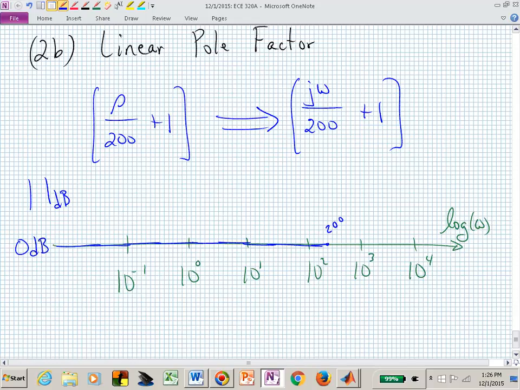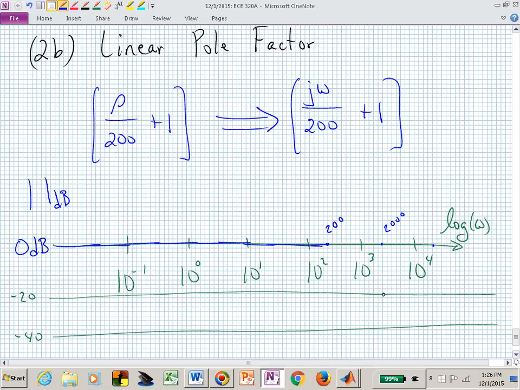Minus 20 dB per decade. So now it's important that we do go to 2,000. We go to 2,000. And where are we going to be when we get to 2,000? Now we'll be at minus 20. So if this is minus 20, if this is minus 40, then if we went all the way up to 20,000, we would be 30% of the way between 10 to the 4th and 10 to the 5th.